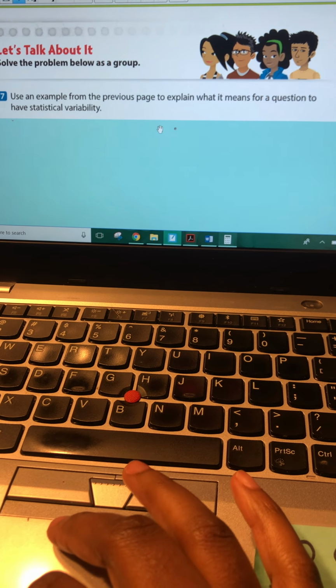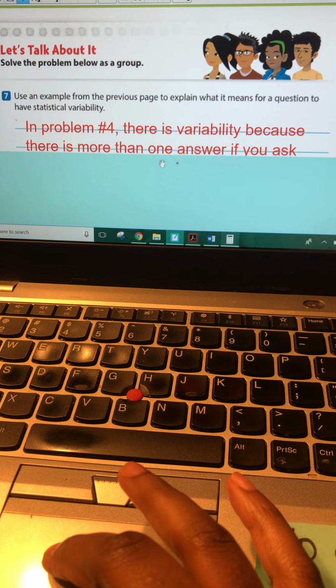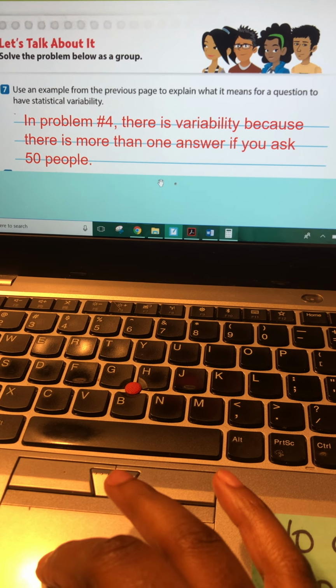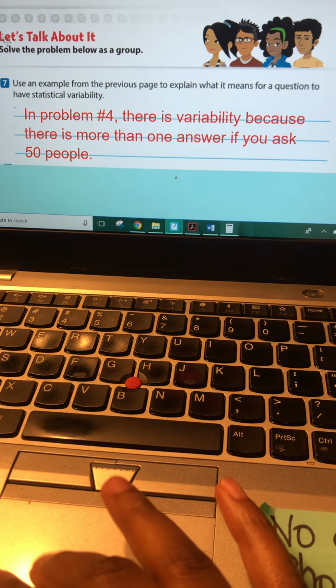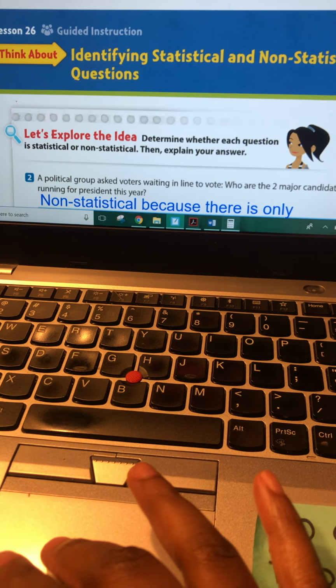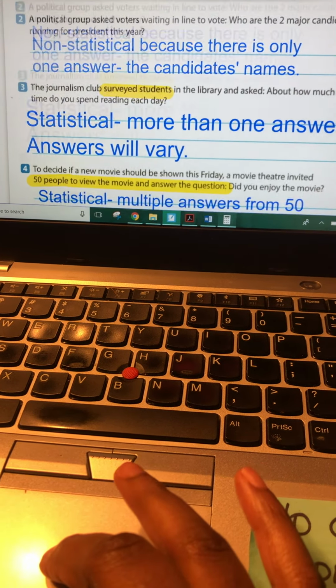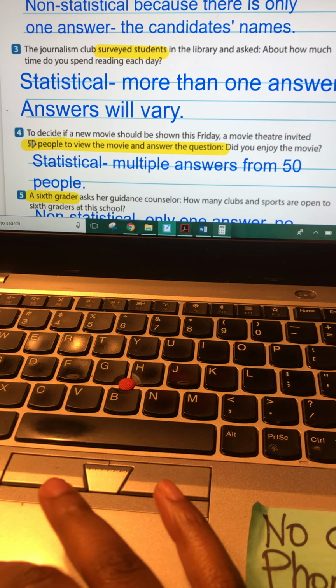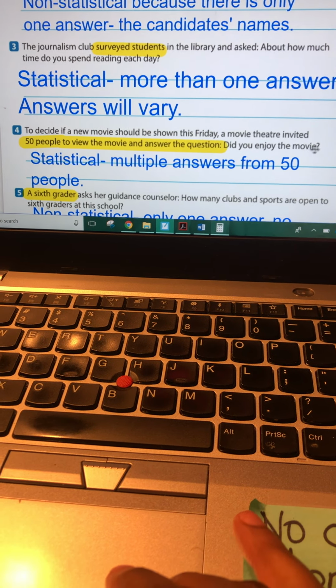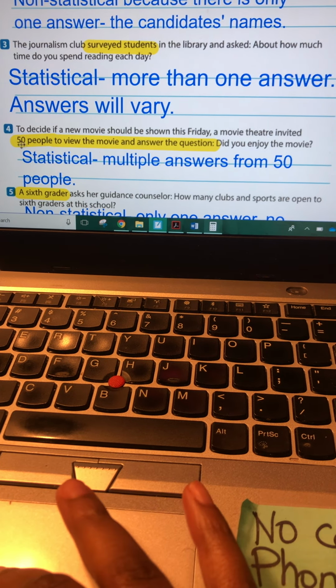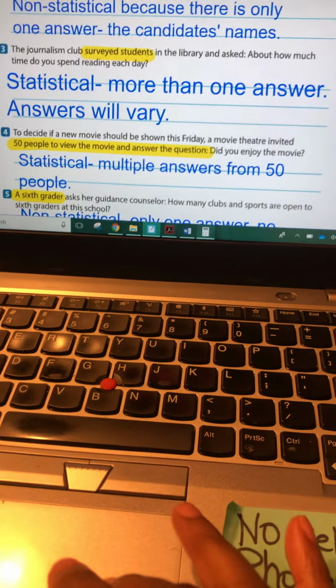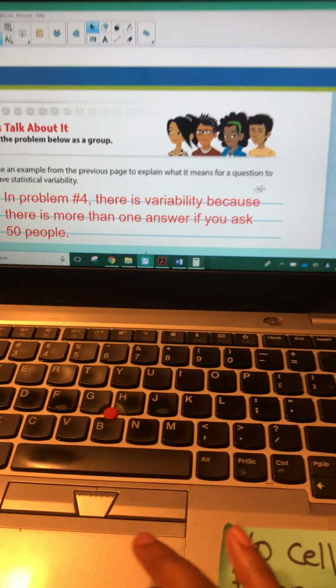Okay. So I used problem 4. All right, so let me just go back and look at problem 4 here. Okay. Problem 4 said, did you enjoy the movie? And 50 people were asked at the movie theater. Okay.